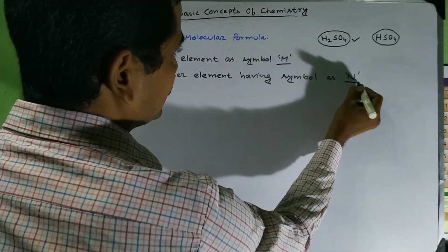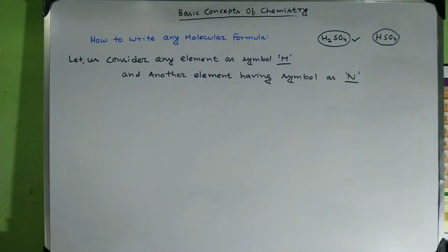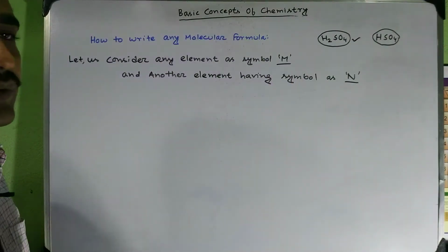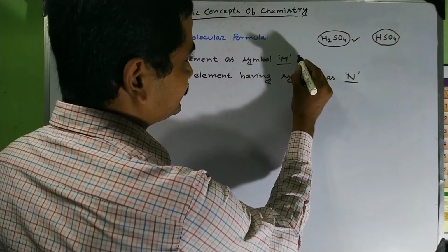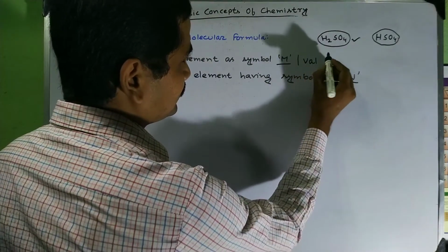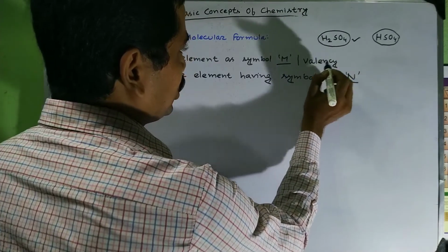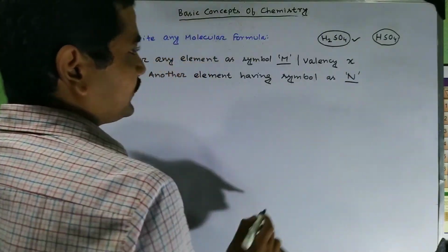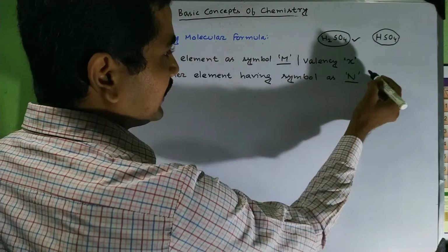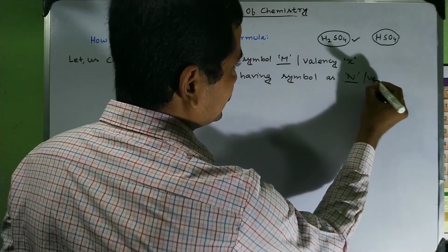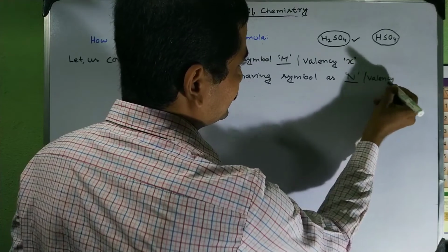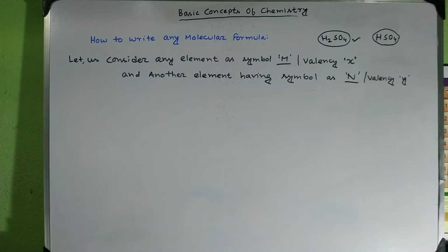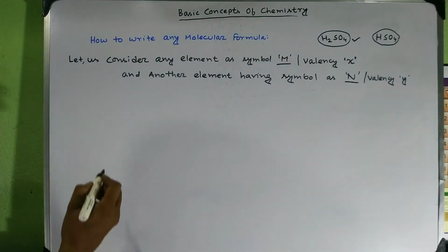Now let us consider the valency of element M is X, and the valency of element N is Y.